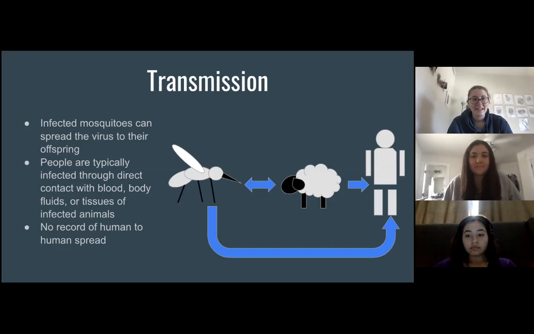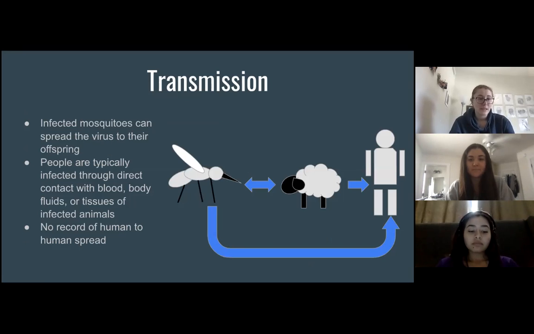Thank you, Taylor. So, infected mosquitoes can spread the virus in several ways. They can spread it to their offspring and throughout any part of the life cycle. The eggs can also carry the virus, which remains viable for several years, even during dry conditions.